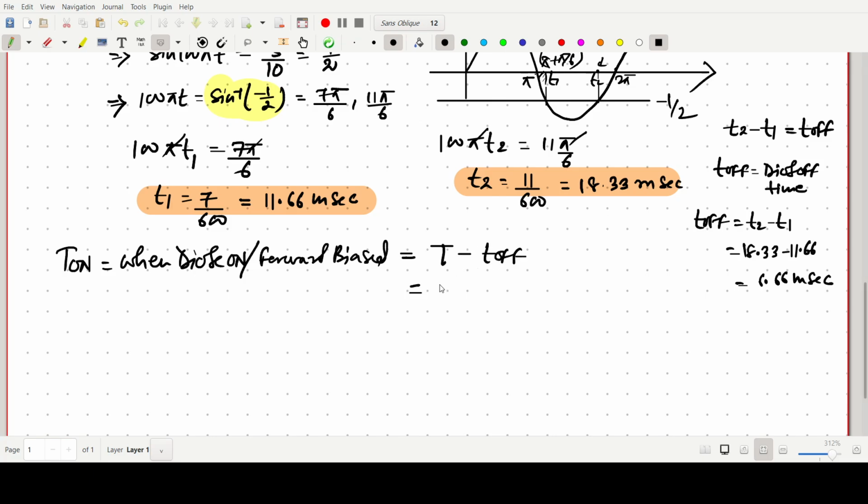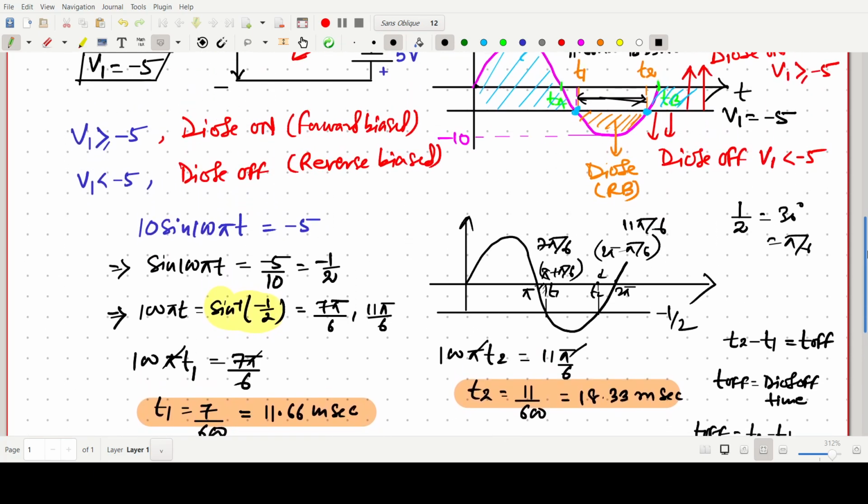The time period is 20 millisecond, and T off is 6.66 millisecond. If we subtract, it will come 13.33 millisecond. So this is the final solution.